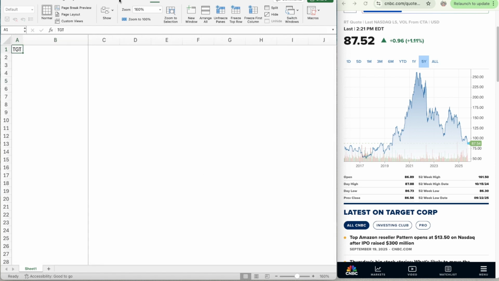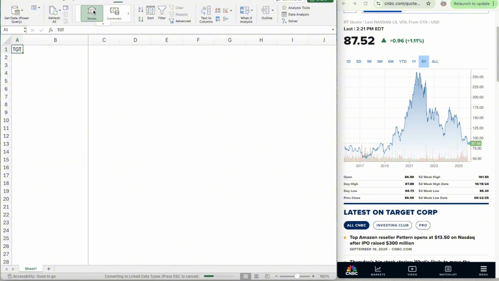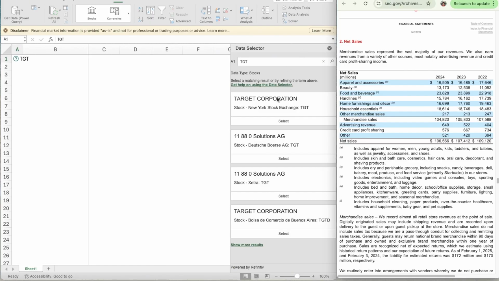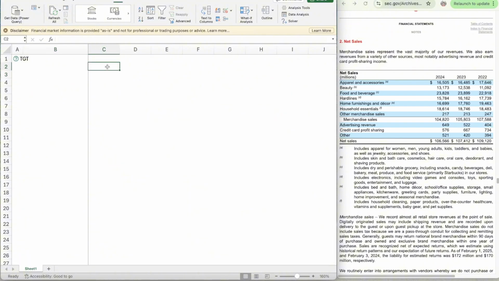We select the data tab and we go to stocks. Ticker data.